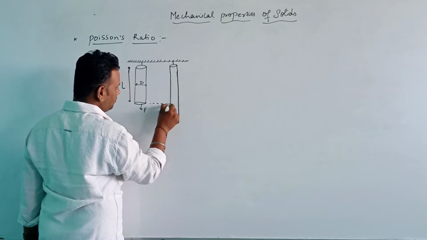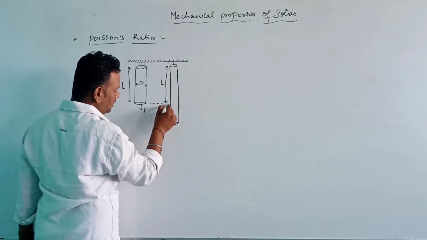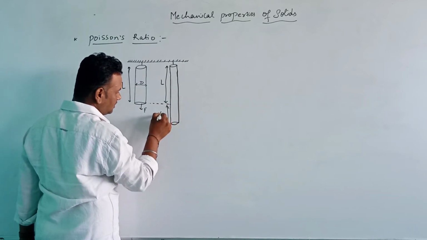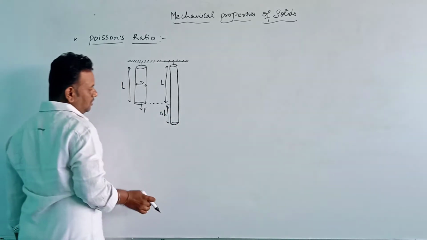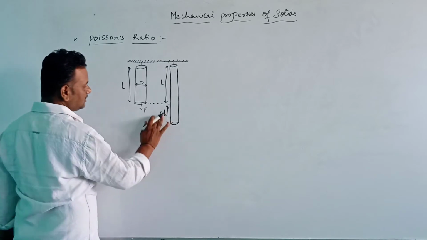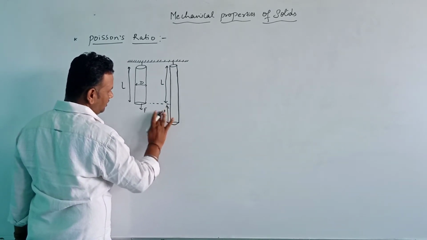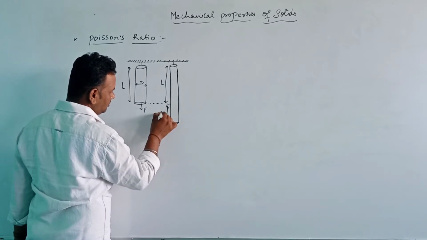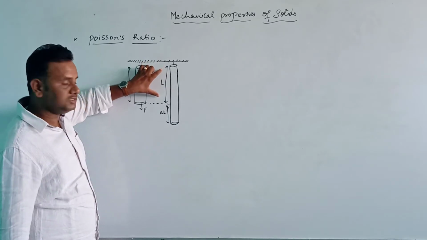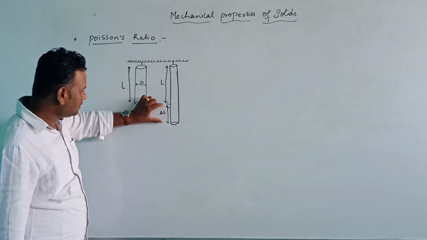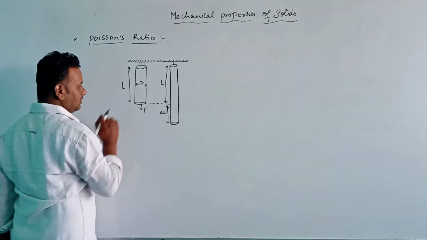Say this is our original length L, and the increase in length is delta L. Capital L is the original length, and delta L is the increase in length.